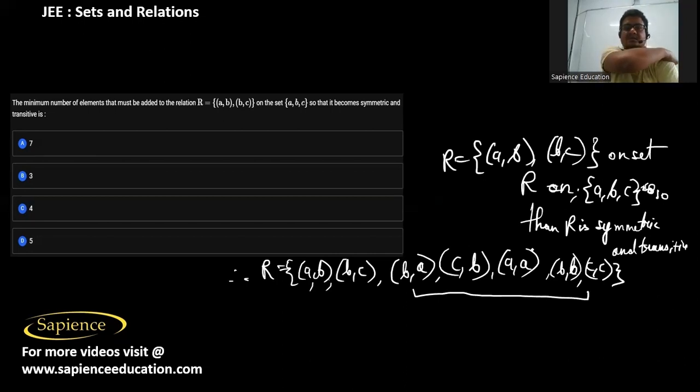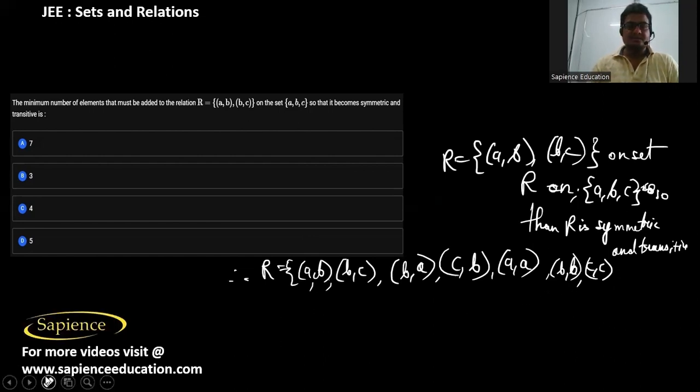Here A comma B is there, B comma C is there, so A comma C also should be there since it has to be transitive. Since B comma A is there and C comma B is there, C comma A also should be there.